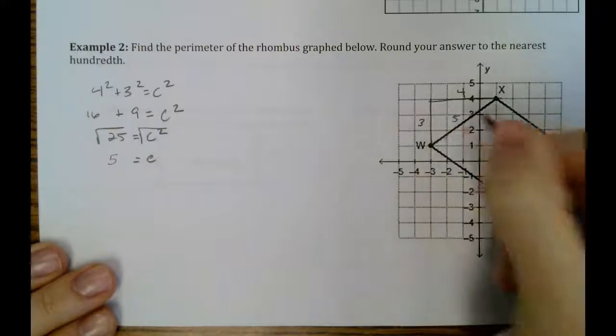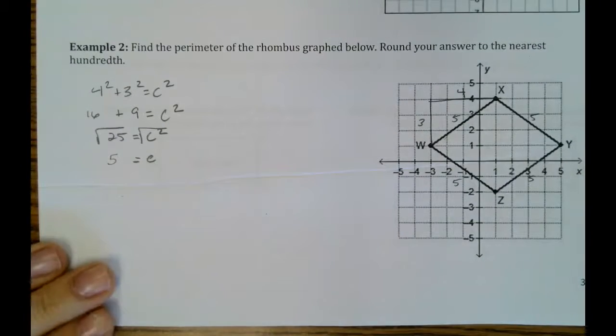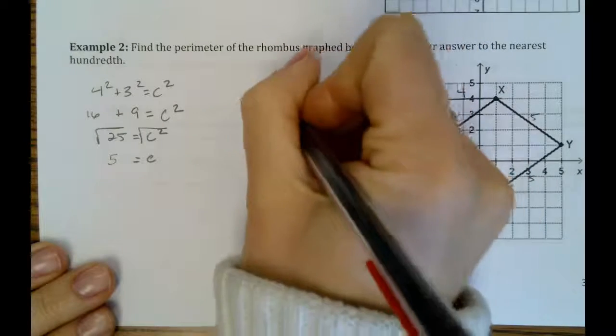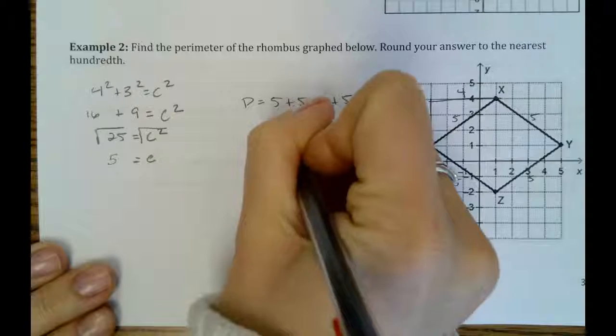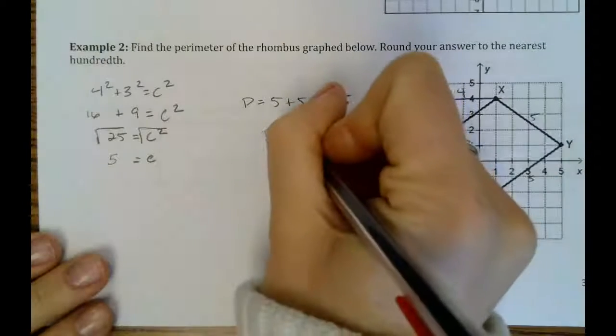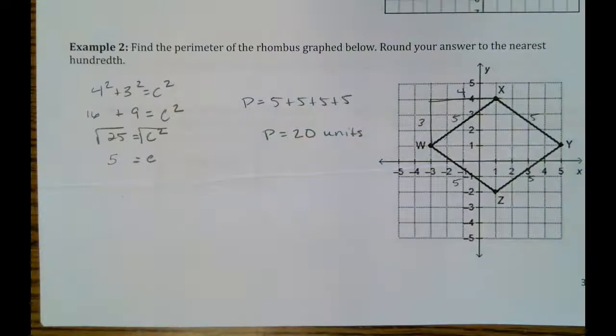So that means we have sides 5, 5, 5, and 5 because all of those are congruent. So 4 sides of 5, that's like 4 times 5. Our perimeter is 20 units.